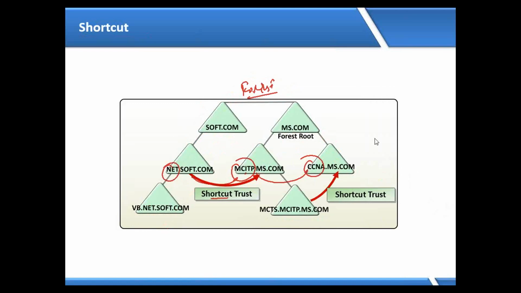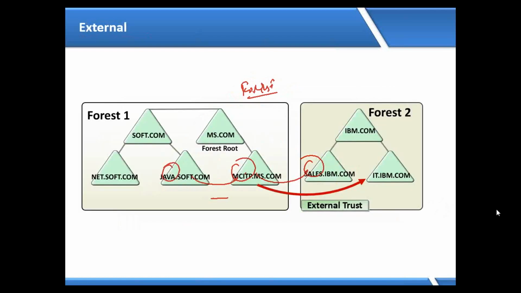Now next we have external trust. External trust is a trust between two different forests. Like we have two different forests here, forest 1, forest 2. I want an MCITP user to log into it.ibm.com.